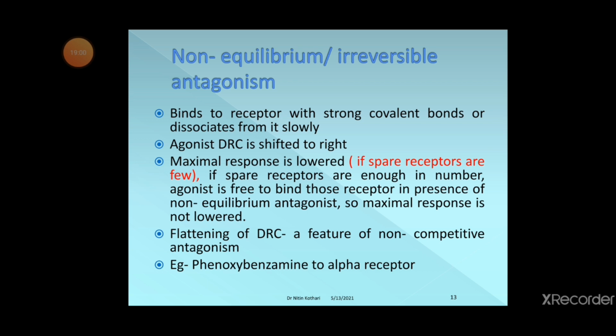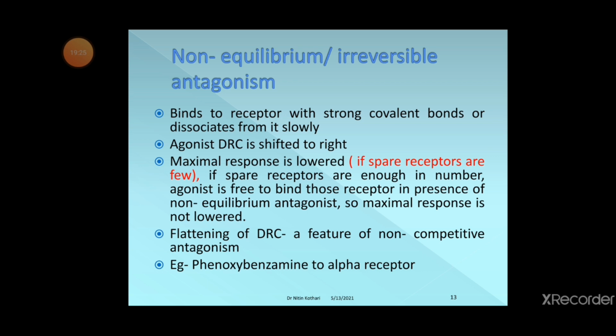Some features it has are of reversible type of competitive antagonism, other features are from non-competitive antagonism. What is the feature for the competitive reversible type? That is the parallel shift towards right, that is present here. And what is the feature for non-competitive type? That is the flattening of DRC.